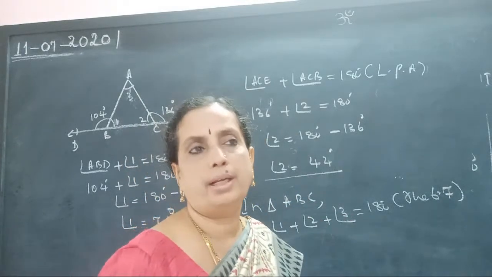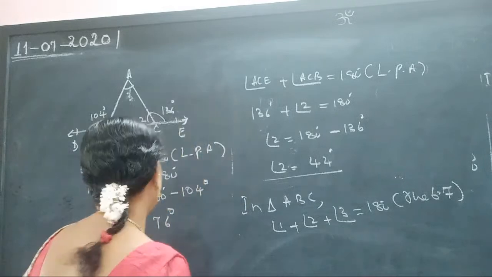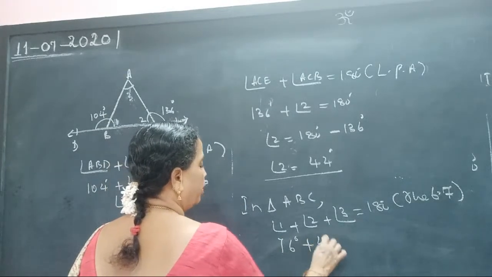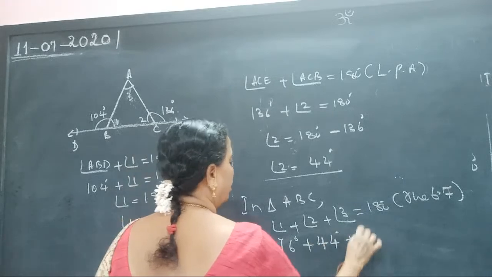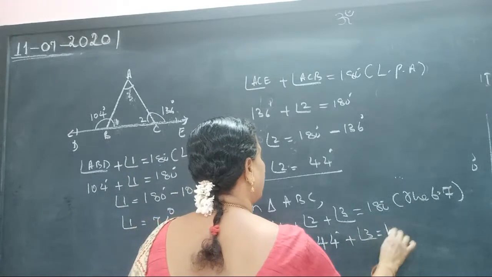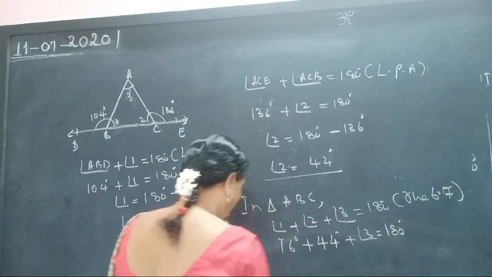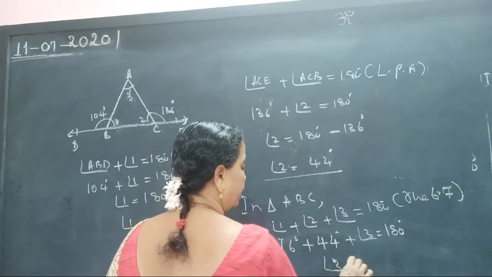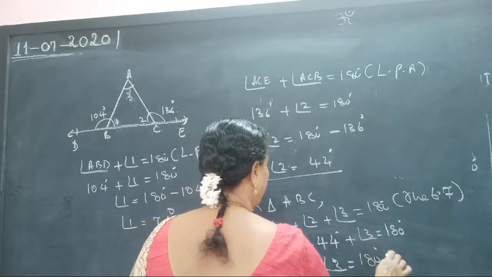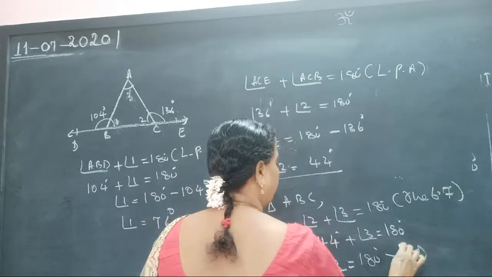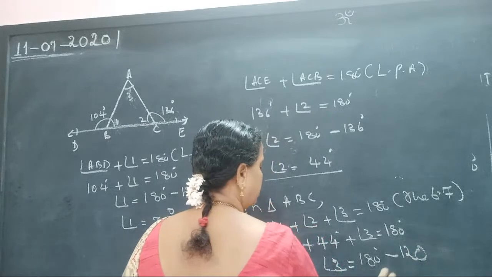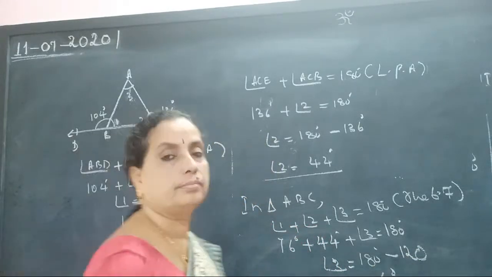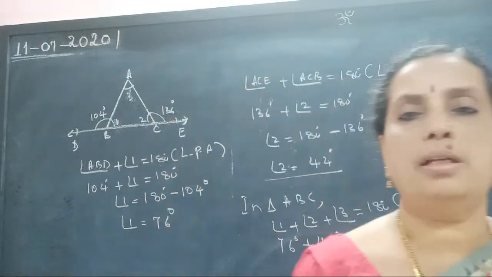Angle 1 is 76 degrees, angle 2 is 44 degrees. What about angle 3? Calculate. Angle 3 equals 180 degrees minus 120 degrees. It is 60 degrees. Have you got the answer?